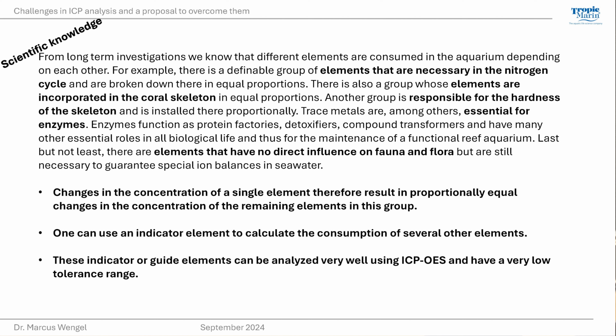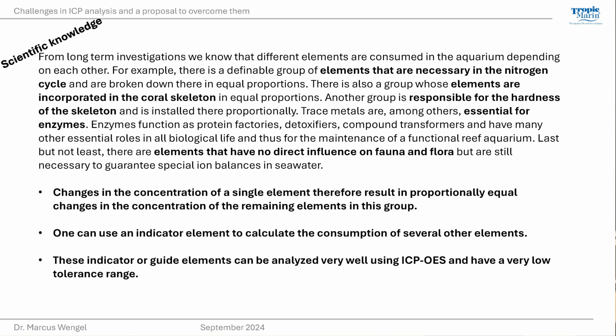These are the heavy metals. So we can find groups of elements in our water which behave proportionally. If one goes down, the others go down. If one is too low, the others are low as well.